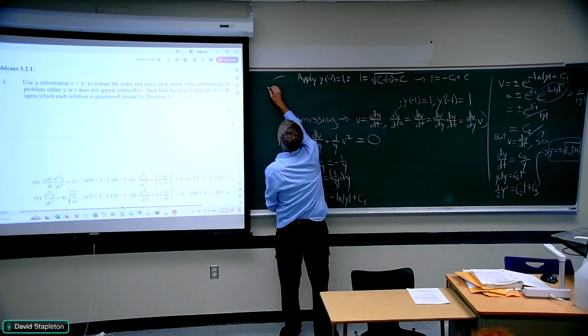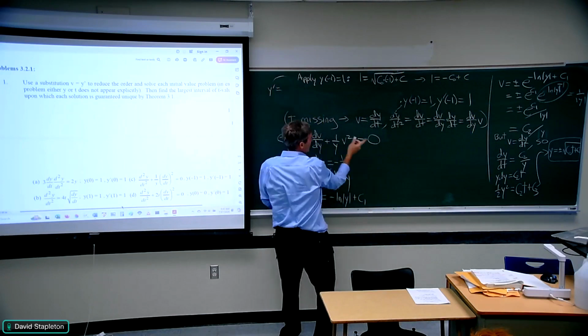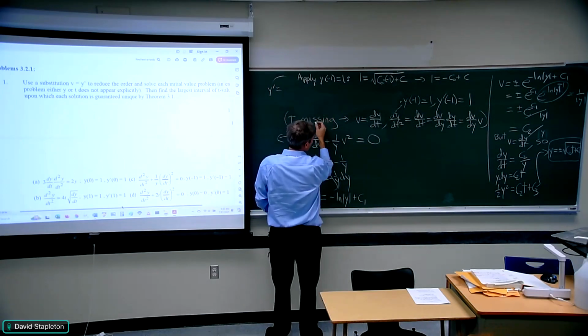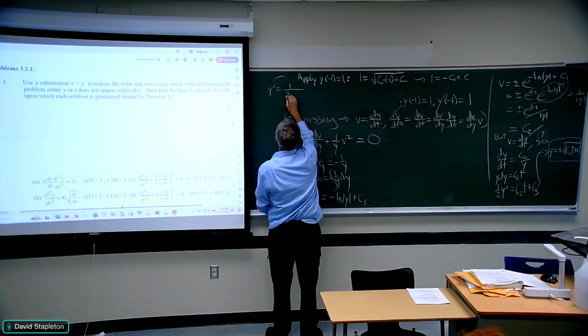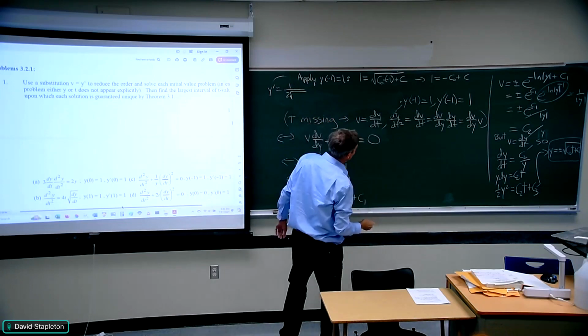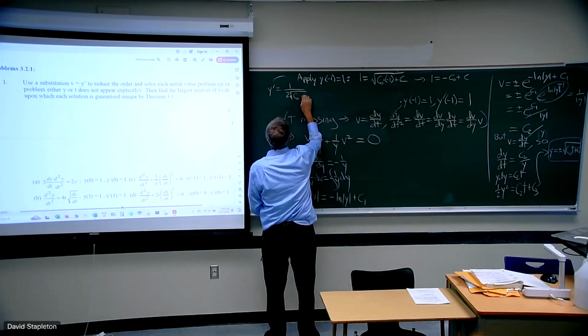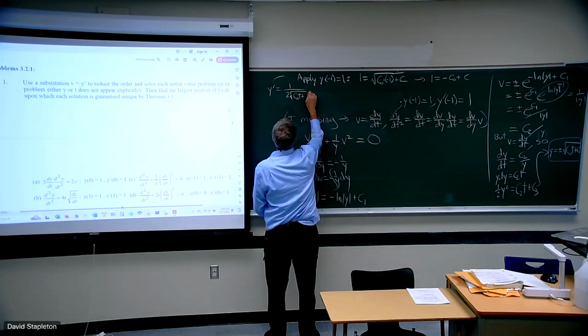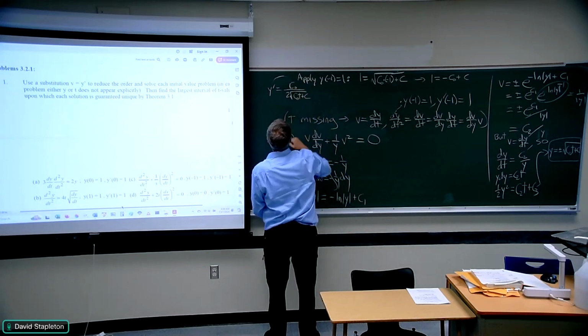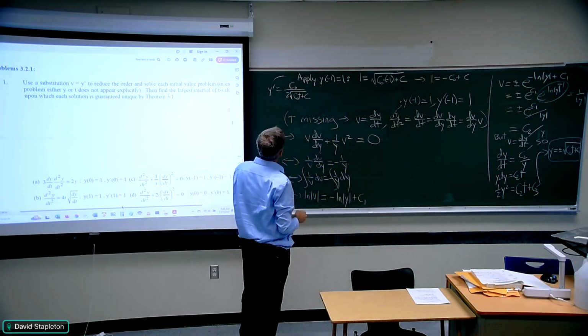Then also y prime, according to the prescription there, again using the plus sign, is 1/2 square root of C0t plus c to the minus 1/2 times the derivative of C0t plus c, which is C0. It looks like that. So there's the derivative.